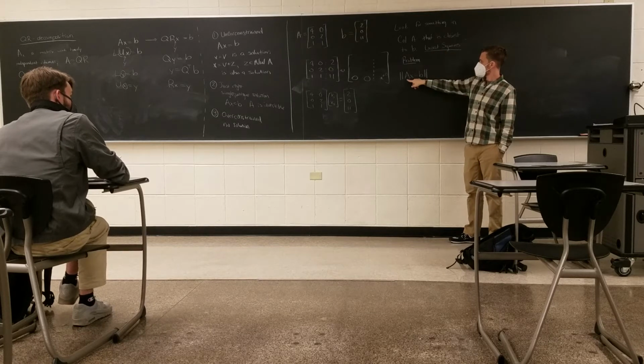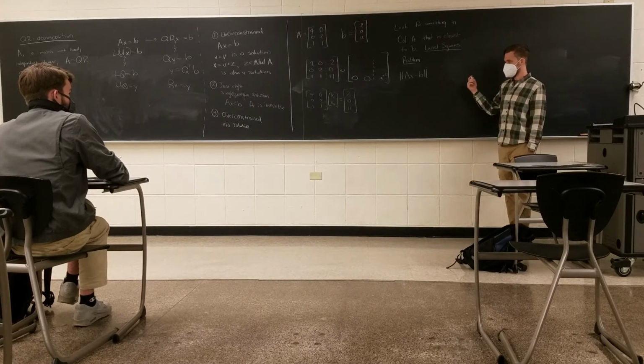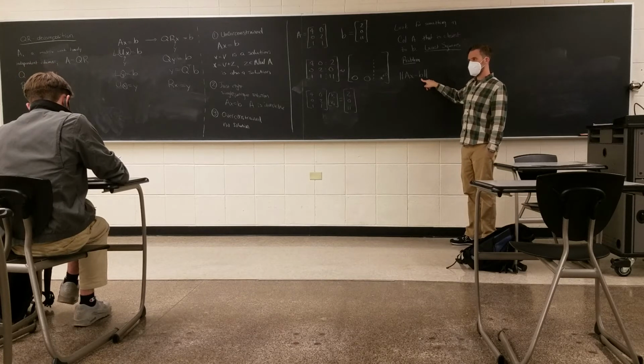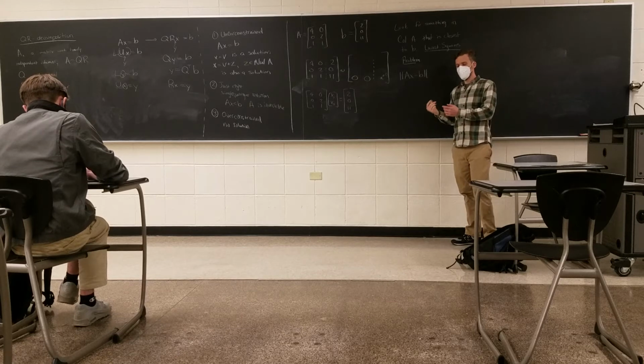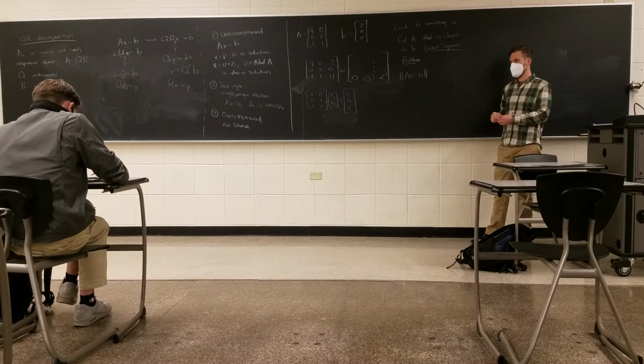Now, because we're taking the squares of the entries and adding them together, we're going to end up with a non-negative number. So we can take the square root of it. And if we're trying to make the square root as small as possible, we're trying to make the sum of the squares as small as possible too, right?